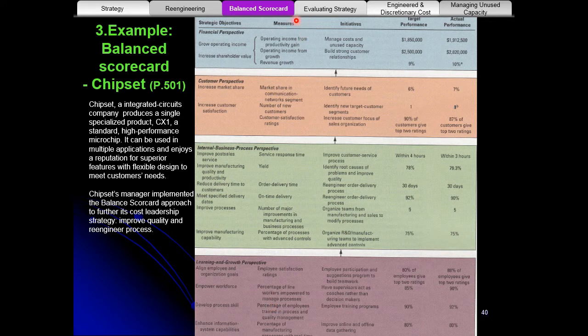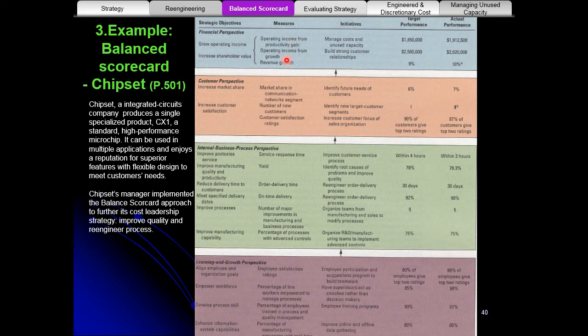So traditionally accounting just looked at this area, but now with the Balanced Scorecard we want to drill down to the areas where we have direct control over, especially the internal business process perspective and the learning and growth perspectives. And so what we might have here is initiatives that Chipset may want to implement that are consistent with its strategy.